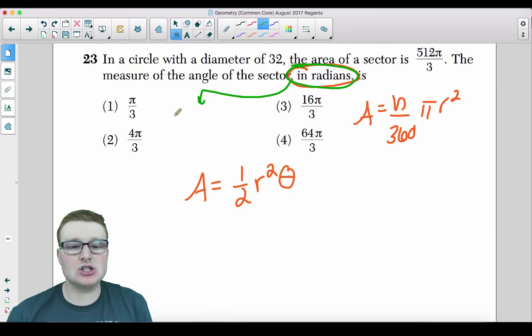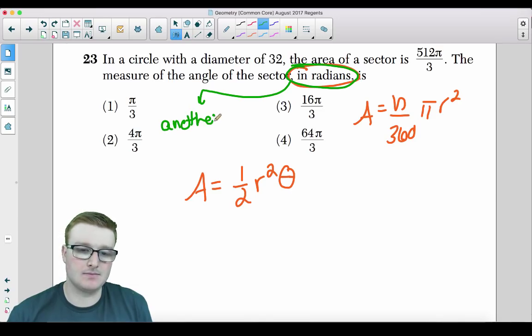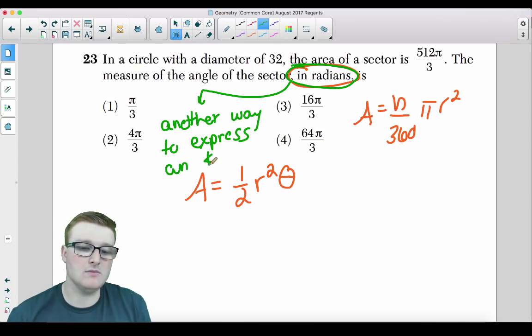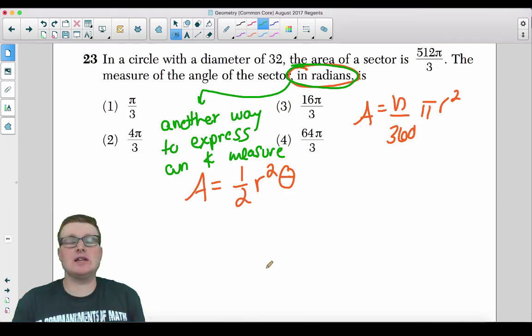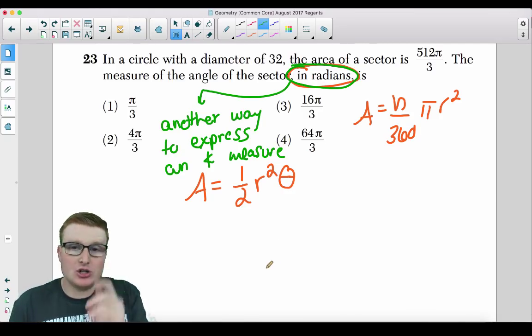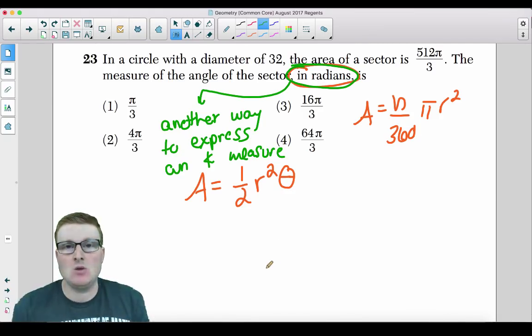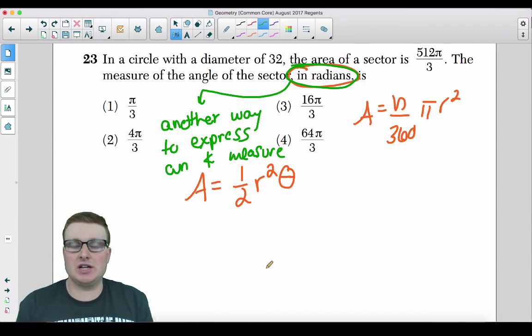In layman's terms, a radian is just another way to express an angle measure. Again, all of this stuff goes back to elementary school. When you were in elementary school, even in high school, in geometry, you're dealing with degree measures. Whenever I say parallel lines, that's 60 degrees, that's 120 degrees.